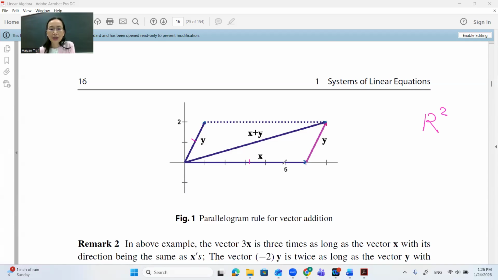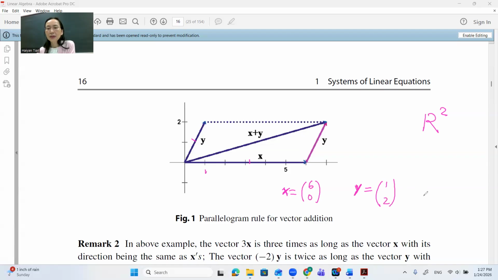Yes, that means each vector in this space will have two entries. So to represent this x, as you can see, this x is just 6, 0, right? To represent y, so here x is our boldface. This is the vector, and the boldface y is another vector, which is 1, 2.